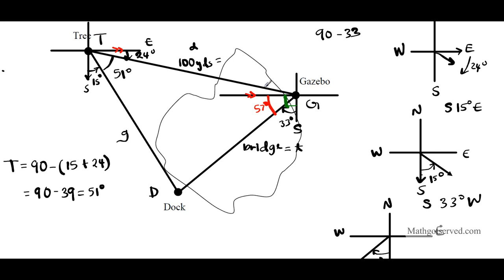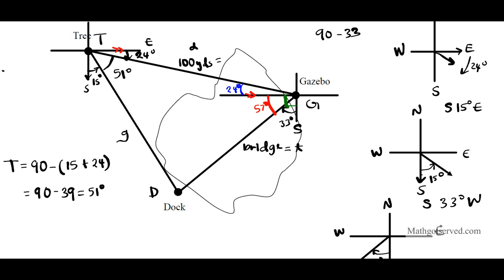This angle is alternate to this angle, and we know that if we have two parallel lines cut by a transversal, the alternate interior angles are going to be congruent. So since this is 24, this angle right here is also going to be 24 degrees, because it's congruent to this angle up here as alternate interior angles. Now, this is 24 and this is 57.